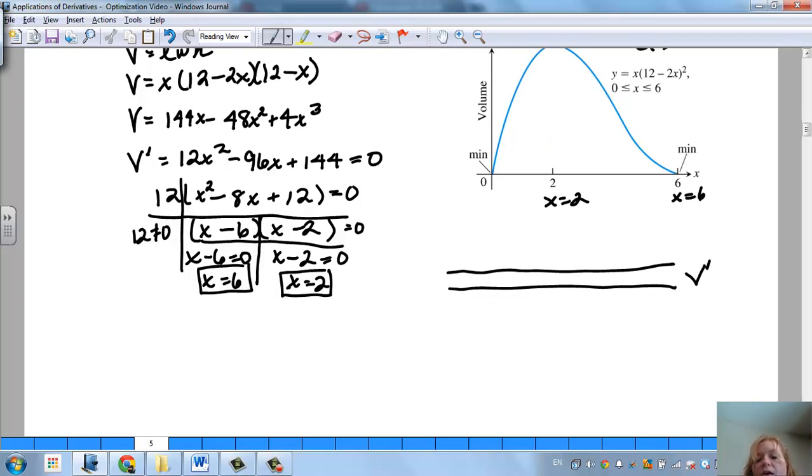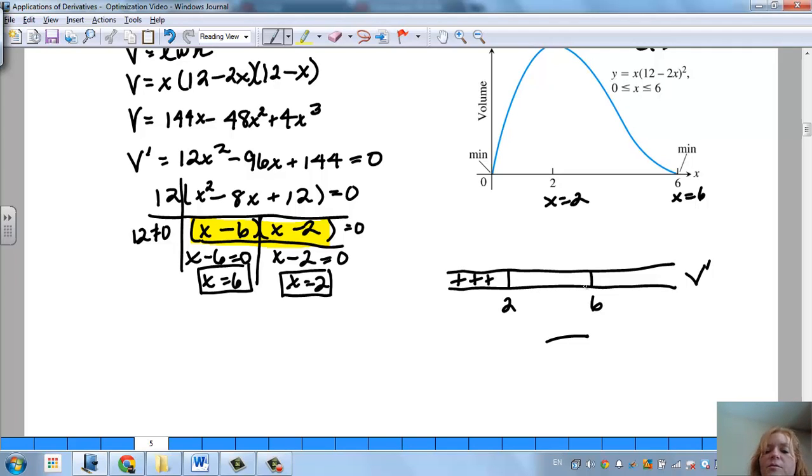All right, so we're going to try 2 and 6 to see if we were right in our assumption. So we're going to go back to our factored form, because the 12 doesn't really matter anymore. If I did something to the left of 2, we'll say 1, this would be negative, this would be negative. Negative times a negative is positive.